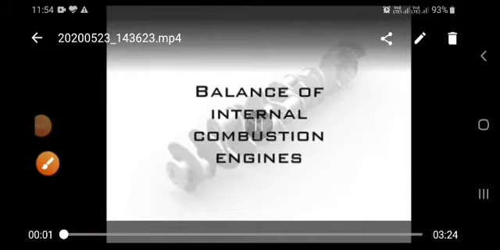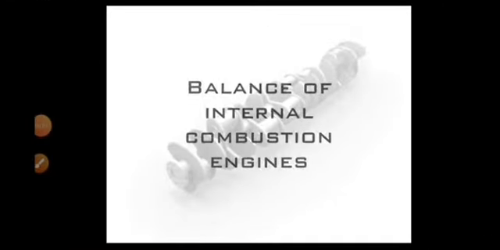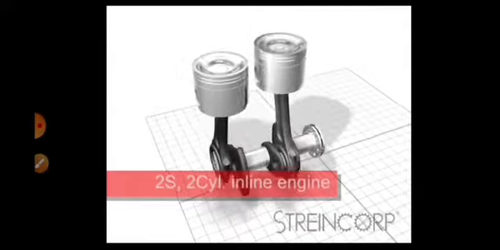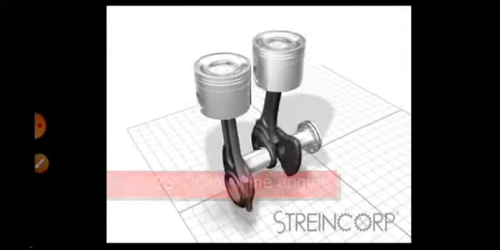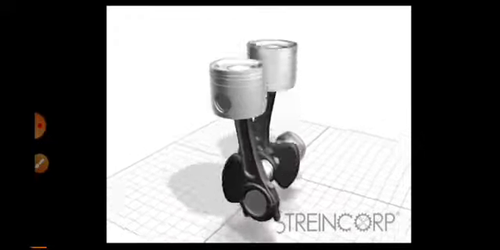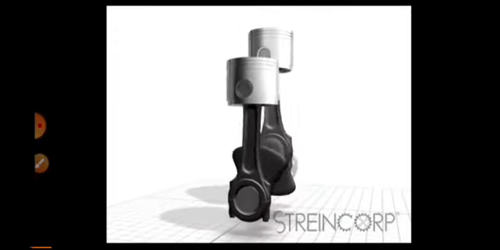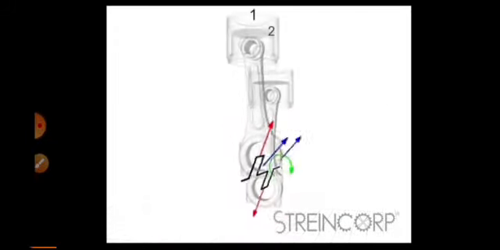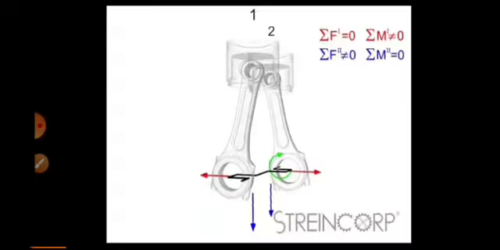In this video you can observe the balance of an internal combustion engine. This is a two-stroke two-cylinder inline engine. Here we are going to discuss how the reciprocating motion of the connecting rod is converted into rotary motion of the crankshaft. You can observe two different colors, red and blue.